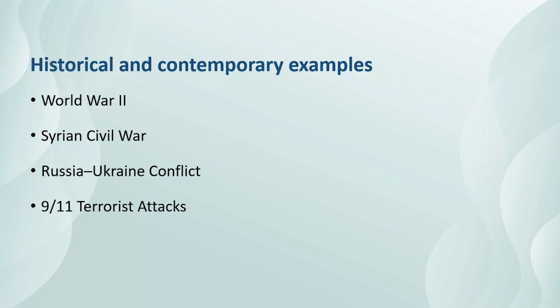The 9/11 terrorist attack, coordinated attacks in the United States in the year 2001, led to major global political, security, and military implications. So these are the huge impacts that we see of man-made disasters specific to war and conflict situations.